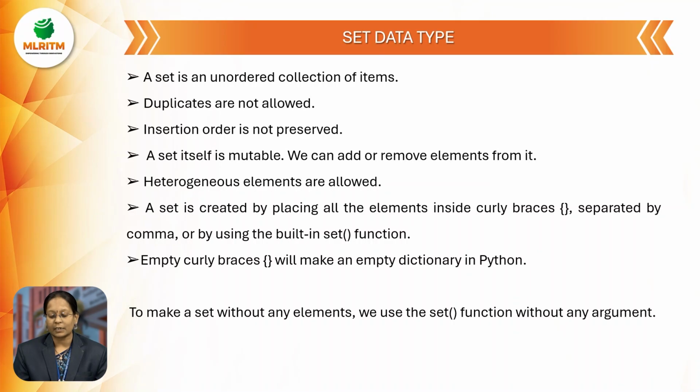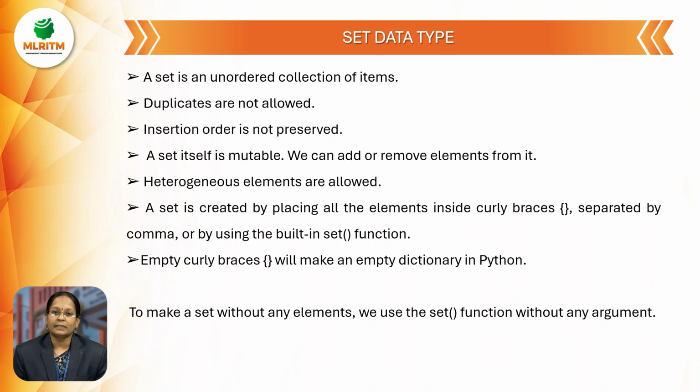A set is created by placing all the elements inside curly braces. Like a dictionary, we place all the elements of the set in curly braces, separated by commas. However, empty curly braces will make an empty dictionary.